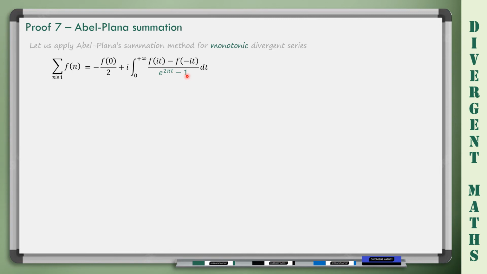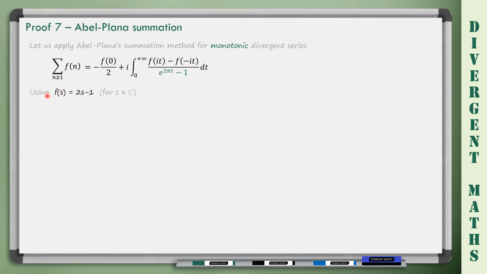So there are two formulas for the Abel-Plana summation, one for the monotonic divergent series, where the denominator is e to the 2 pi t minus 1, and one for the alternate divergent series, where the denominator will be a hyperbolic sine. So make sure you use the correct function depending on your divergent series being monotonic or alternate.